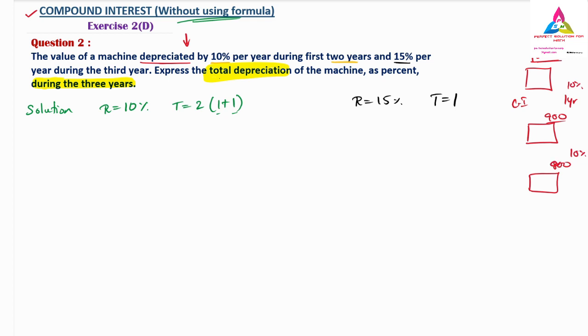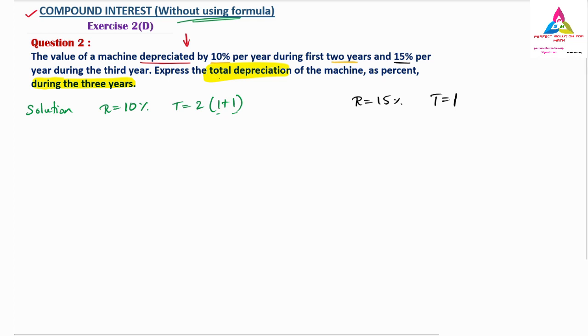Maybe 90 rupees will be reduced, so it will be 810 rupees. So it is regarding the rate of interest. Every year it is decreasing like compound interest. So this is the relation between compound interest and depreciation. Only one thing you have to remember: depreciation of the machine value means a decrease in value, not an increase, which means you have to subtract.